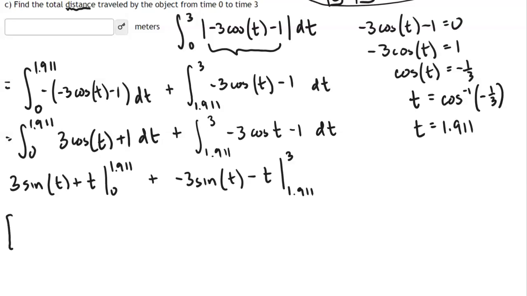Here I have 3 sine of 1.911 plus 1.911, and then we can do minus the same thing but plugging in our 0. So 3 times sine of 0 plus 0.